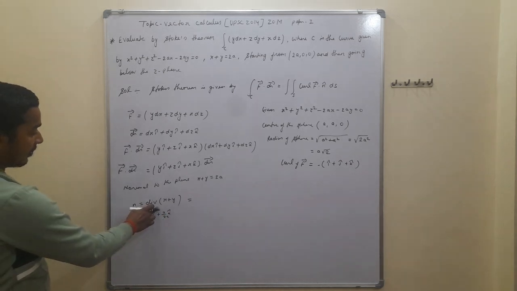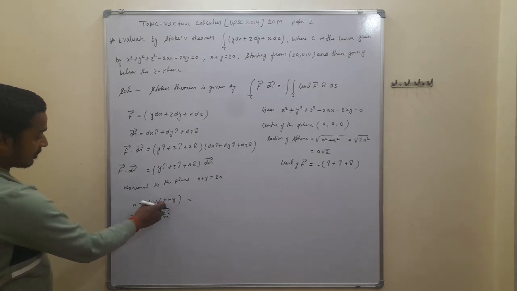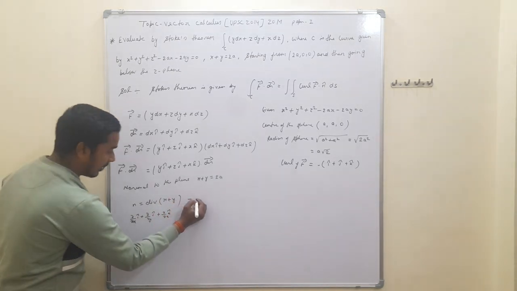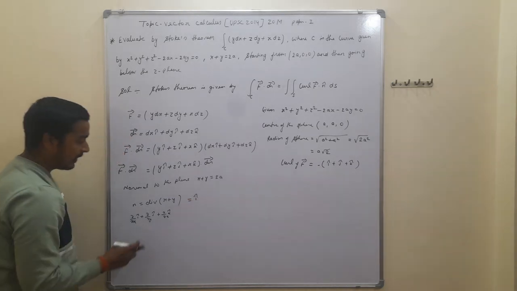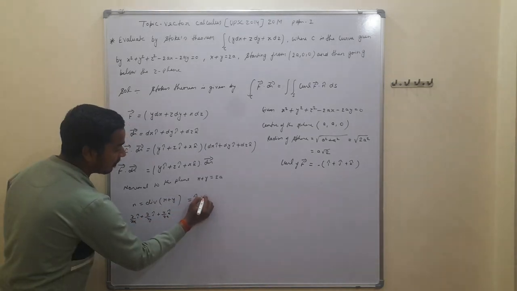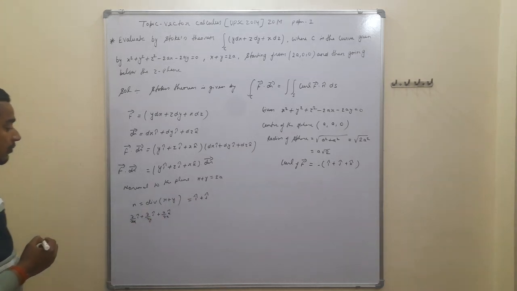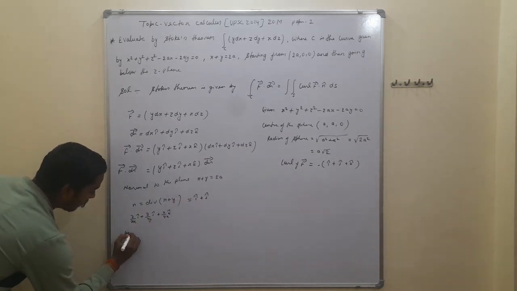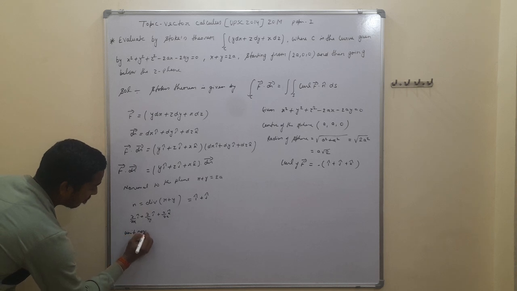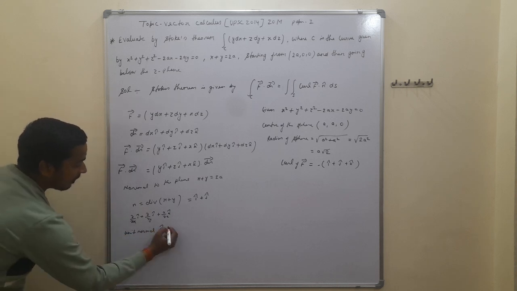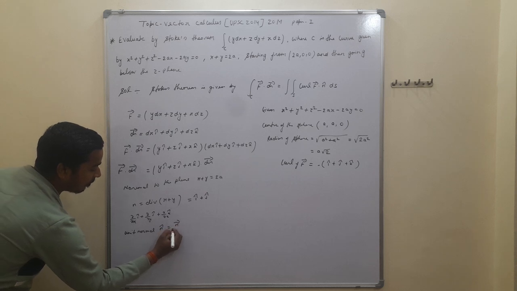Differentiating x with respect to x gives i cap, and differentiating y with respect to y gives j cap. Further we have to find the unit normal, represented by n cap, which is n vector upon mod of n vector.